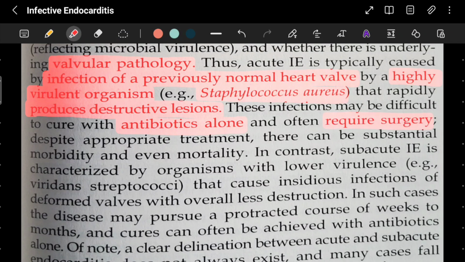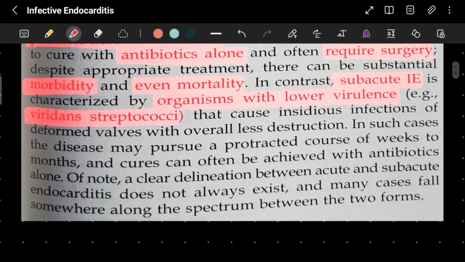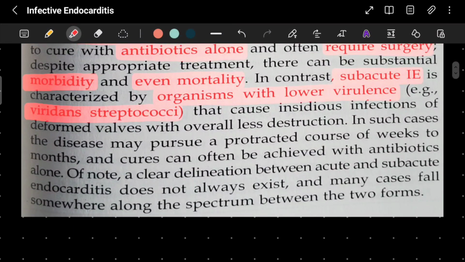Despite appropriate treatment, there can be substantial morbidity and even mortality. In contrast, subacute infective endocarditis is characterized by organisms with lower virulence, example viridans streptococci, that cause insidious infections of the deformed valves with overall less destruction.